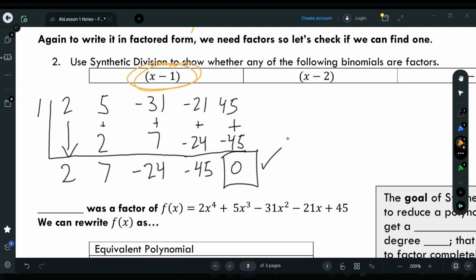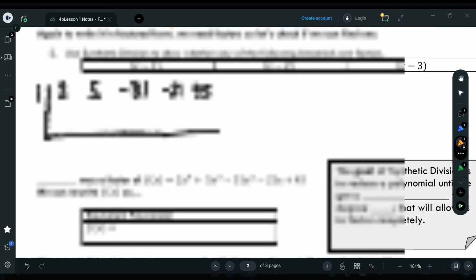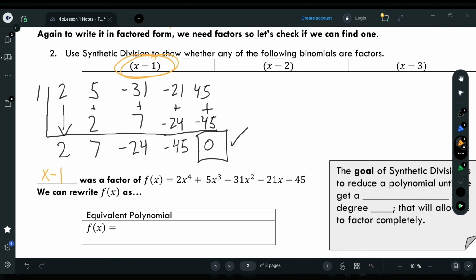Okay, let's write that down here. X minus 1 was a factor. So we can write this down, right? Our original degree 4 function is equal to x minus 1 times what?